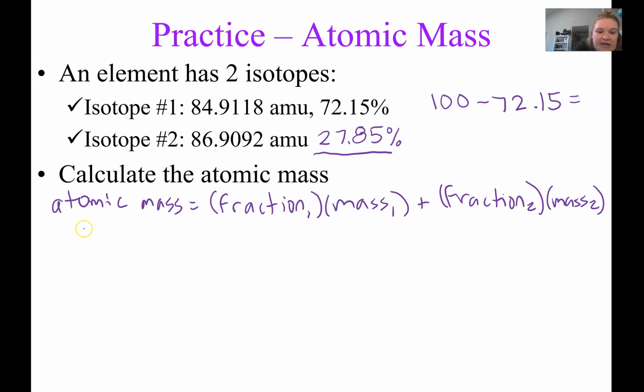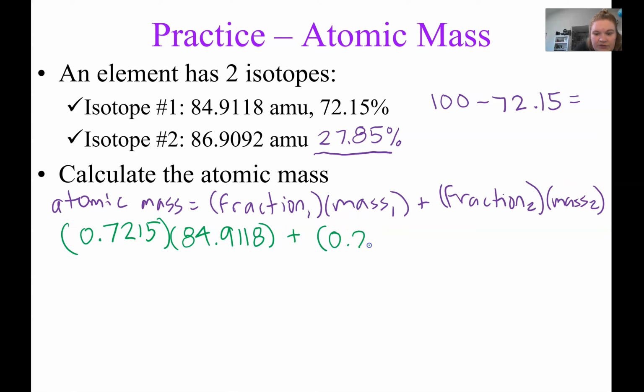So I'm going to write this out as 0.7215 times 84.9118. So that's all my information for isotope 1. Plus 0.2785 times 86.9092.